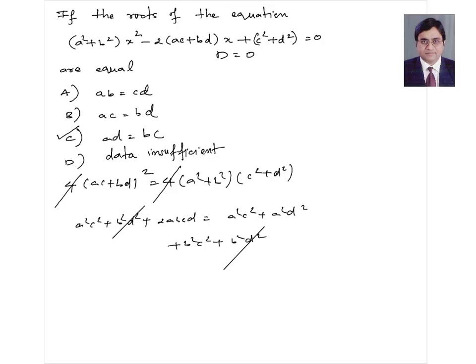This will go, and you get a square d square plus b square c square minus 2abcd equal to 0. Which formula would fit here? That's it. So first minus second whole square. I hope it is done now, and we can move on.